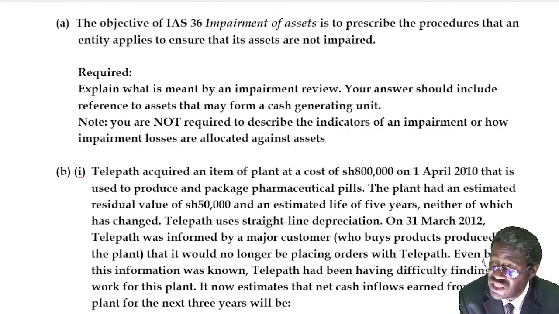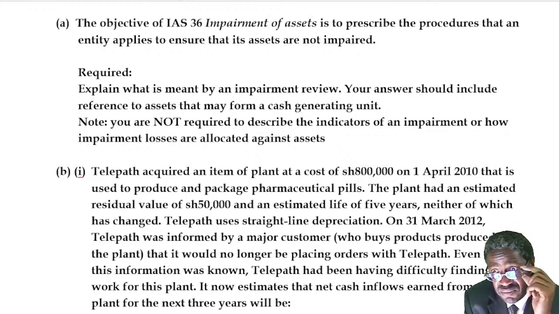That is a cash generating unit. Then again, you would have still gone on and said, how do you test for impairment loss of a cash generating unit? Because you're also told to show the reference. You say, if the carrying amount of the cash generating unit is higher than its recoverable amount, then the unit is said to have suffered. That's what you do.